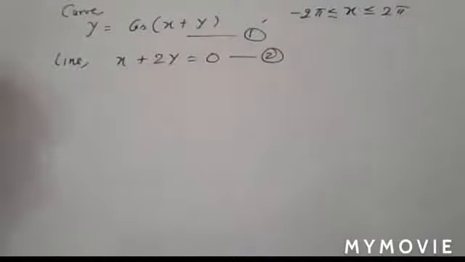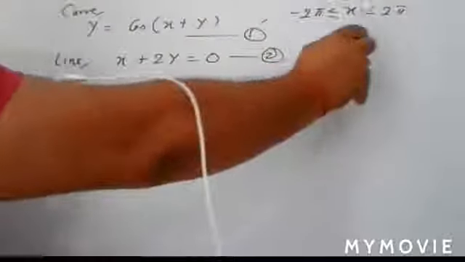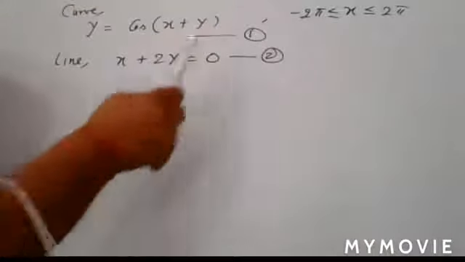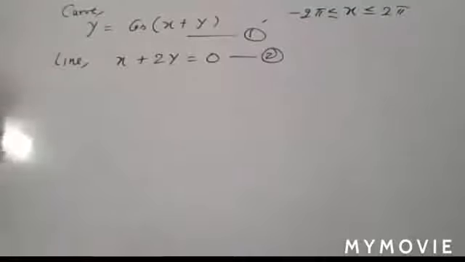You have to find the equation of all tangents satisfying the given condition, x from minus 2 pi to 2 pi, and those tangents are parallel to the given line x plus 2y is equal to 0.